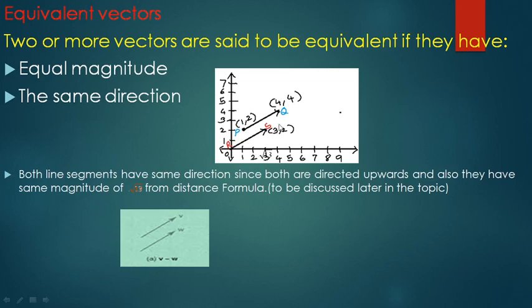So we shall discuss that later. But you realize that the magnitude of both is root of 13, and since they are pointing towards the same direction and also have the same magnitude, they are equivalent vectors. So vectors are only equivalent if they have equal magnitude and they are pointing towards the same direction.